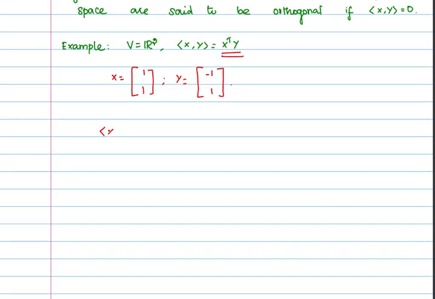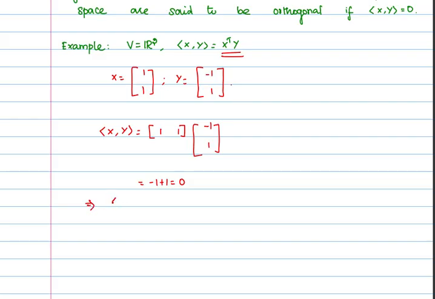The inner product x comma y equals x transpose, which is the row vector 1, 1, times the column vector y. 1 times minus 1 is minus 1, plus 1 times 1 is 1. We get 0.